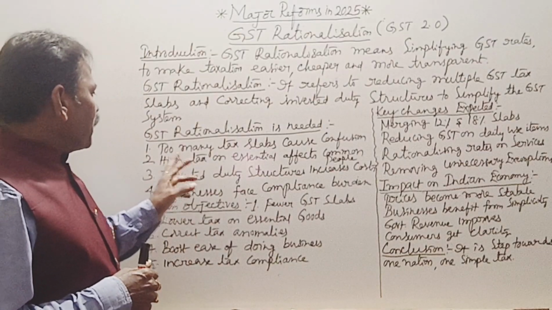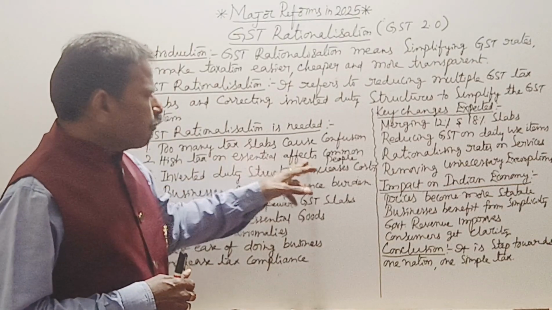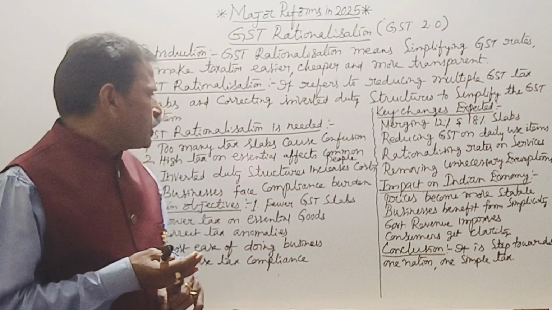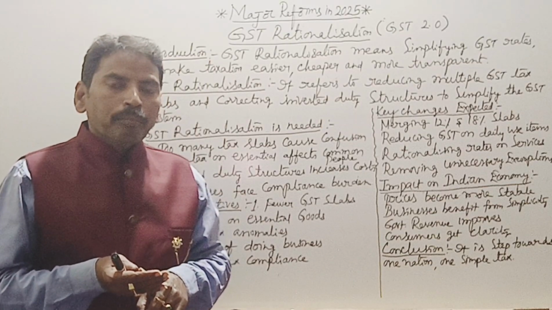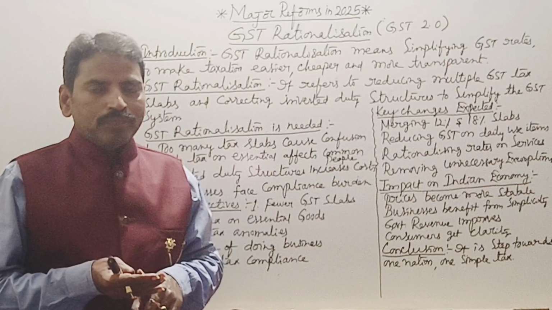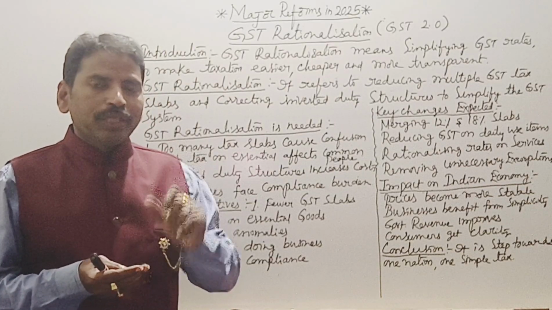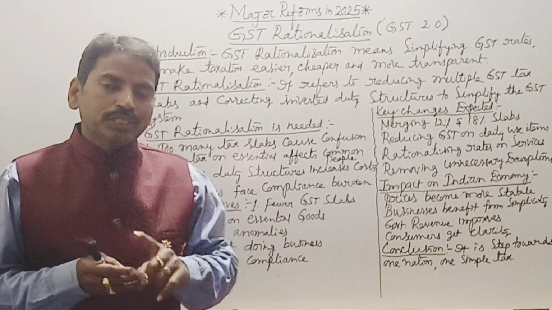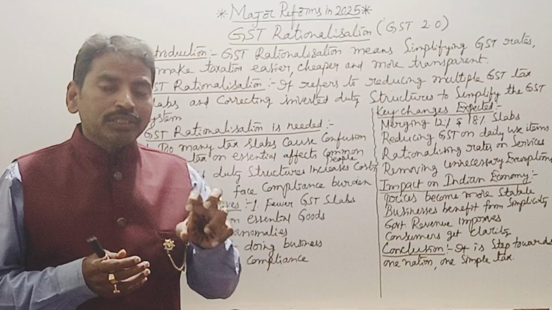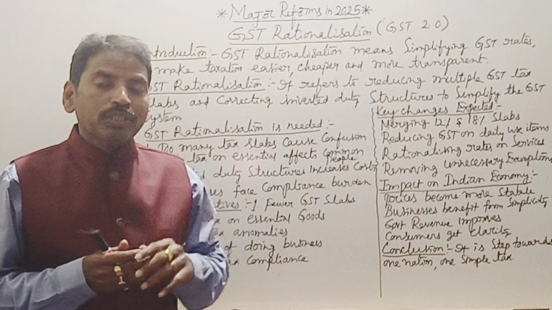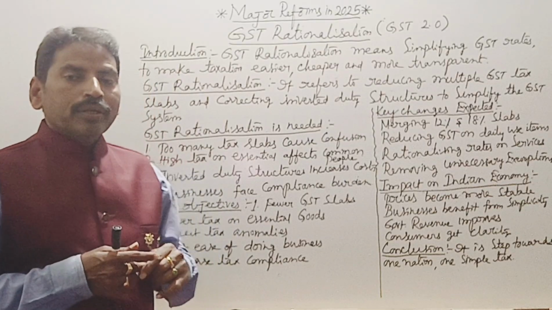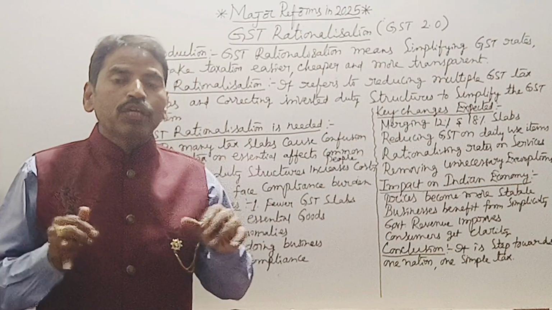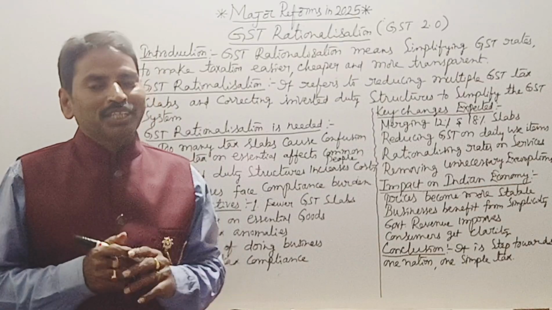Next, high tax on essentials affects common people. For example, essential goods like packaged food items have 5% GST, edible oils 5% GST, medicines 12% GST, and household electrical meters and household equipment have 18% GST.